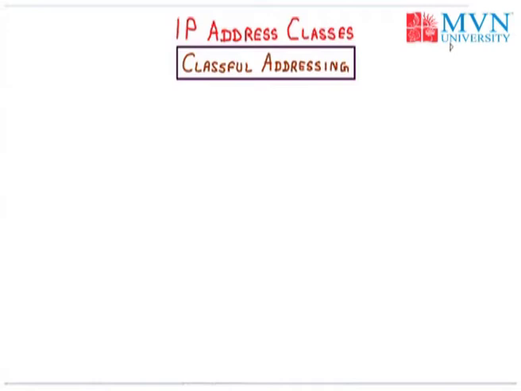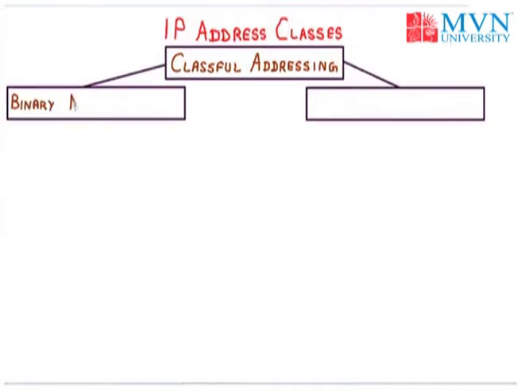These are the classes A, B, C, D and E. Now the classful addressing is of two types. The first one is binary notation and the second one is dotted decimal notation.